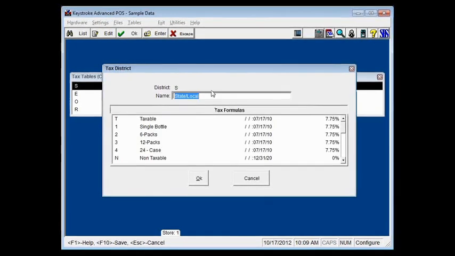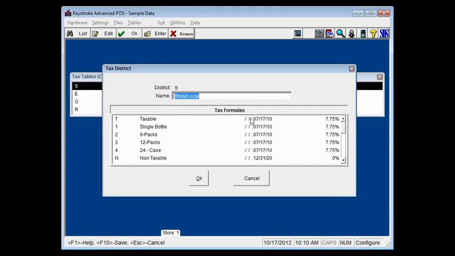So let's look at within your district, your state and local. And this gives a good example of how the tax rates have changed. If you notice, starting up at the top, the first column are your tax codes, and then you have the name for the tax code, and you have a date range.